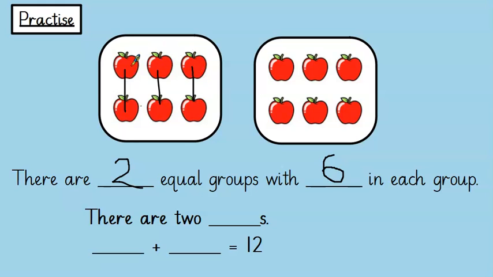Well, this is a 6 and this is a 6. So there are 2 6s, which is the same as 6 add 6. 6 add 6 equals 12. So I know that 2 6s is equal to 12.